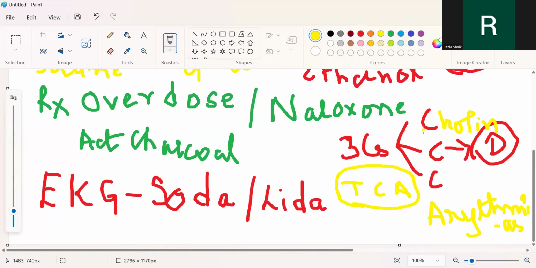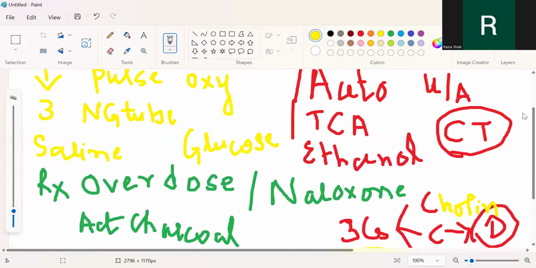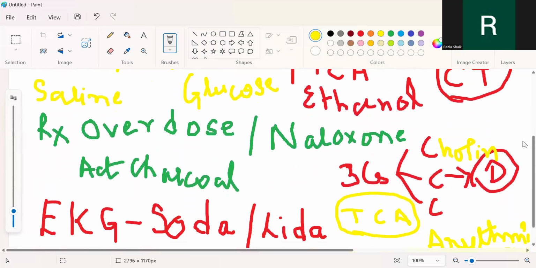In a typical situation, if a patient is brought in with unconsciousness, we usually go ahead and do the EKG. In the EKG, again, if we see QT interval prolongation, widened QRS, and so on, make sure to give sodium bicarbonate.